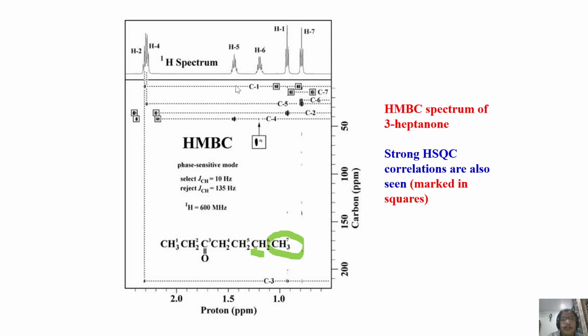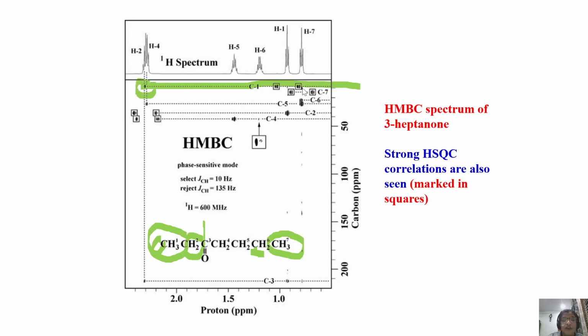Here itself, carbon 1: go along this axis, you get the carbon chemical shift. The correlation for this is seen here, H2. This carbon 1 is correlated to proton 2, as you can see from the peak here.